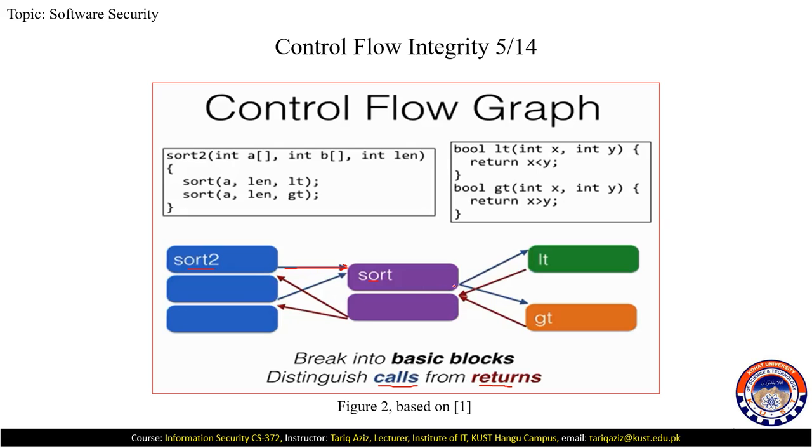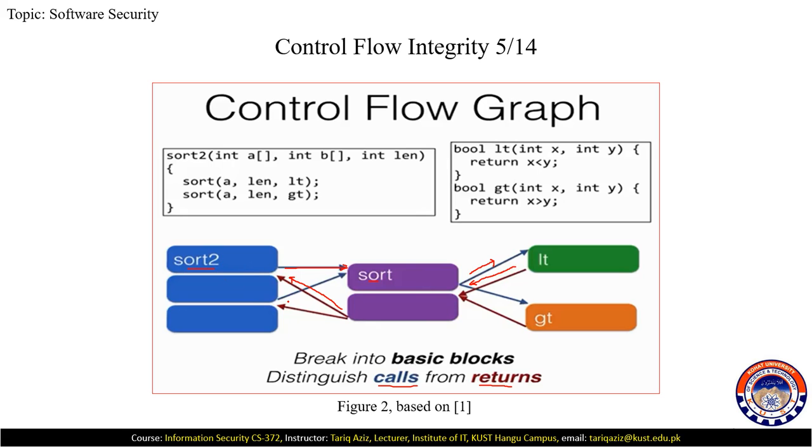This sort function then calls the LT function, and the return value from the LT function is represented by this arrow, and this value is returned to the sort function, and the result of this sort is returned to the sort2 function.